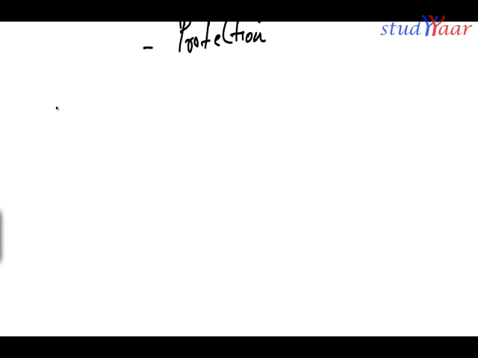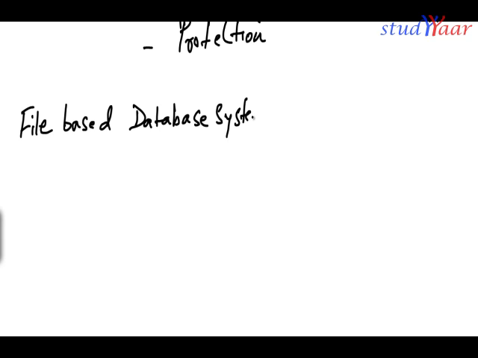Okay, now we will take a look at the systems we had before we had this database management system concept, okay? So basically we are looking at file-based database systems. I'll write it down for you. File-based database systems.